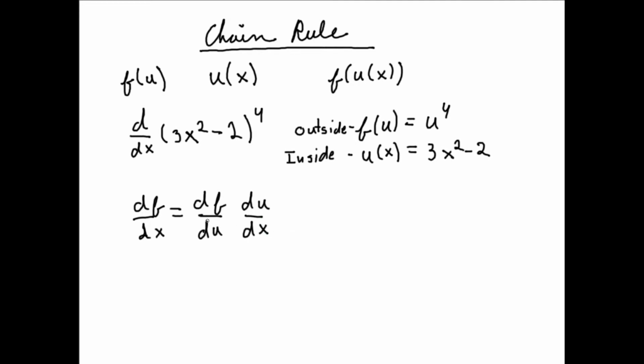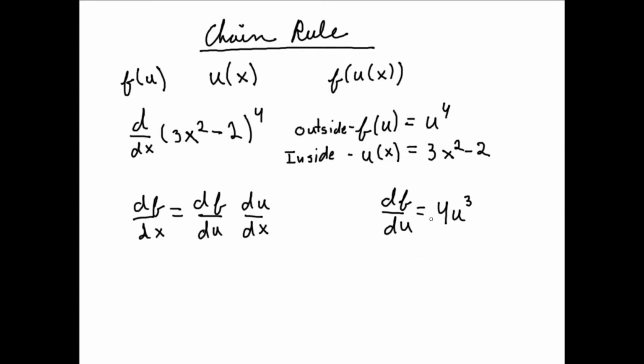Now let me go ahead and solve for these two separately. I think it's a little easier to see that. So this is our f of u. If we want to take the derivative of f with respect to u, this is just a basic polynomial function. So our derivative of that would just be df/du, which would just be 4u cubed.